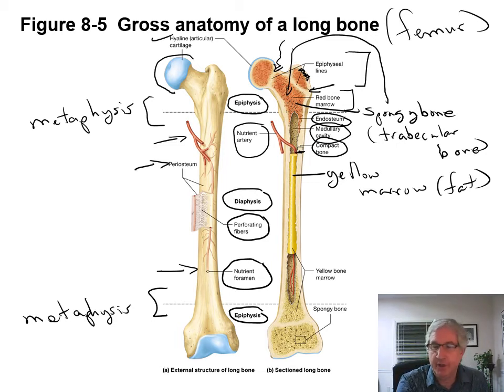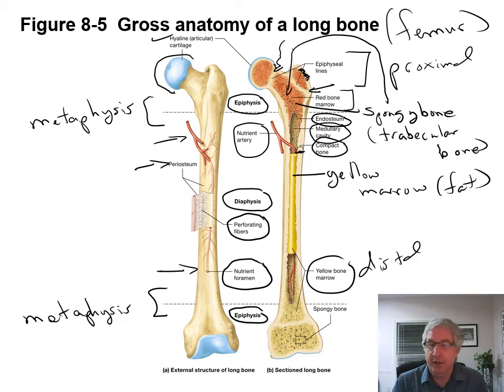This shows yellow bone marrow here, and you notice you have red bone marrow up on the proximal end, up here. Then down here on the distal end of the bone you have more yellow marrow, and they label spongy bone once again down here, and this stuff right here would all be cortical bone.